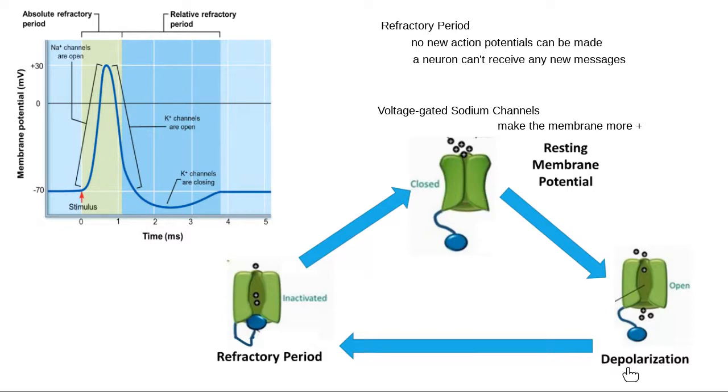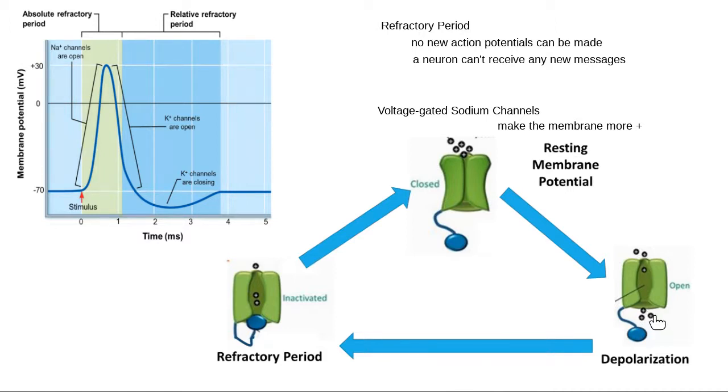When I am depolarizing the membrane, when I've received a message or when the voltage on my membrane has gotten to threshold, my channel changes shape and there's space for sodium to rush inside.